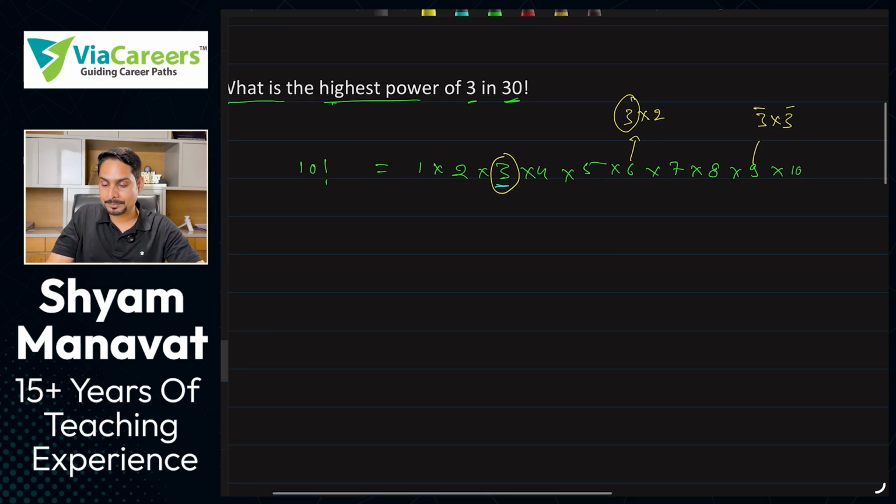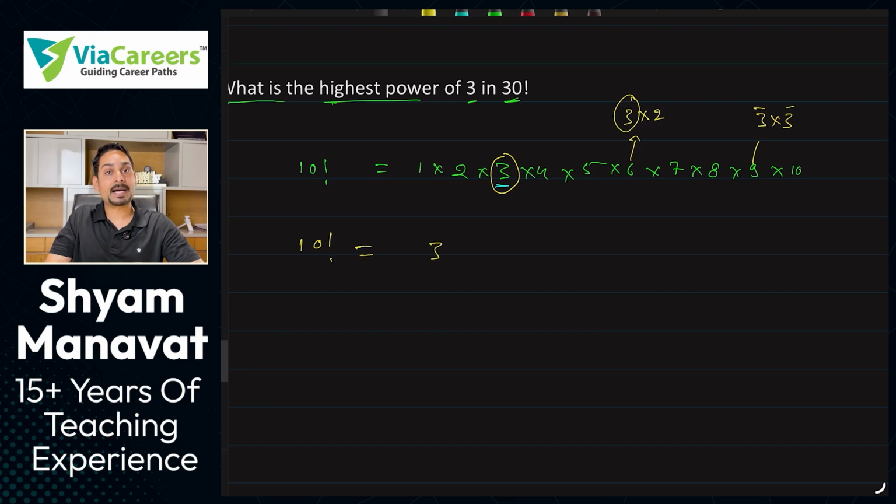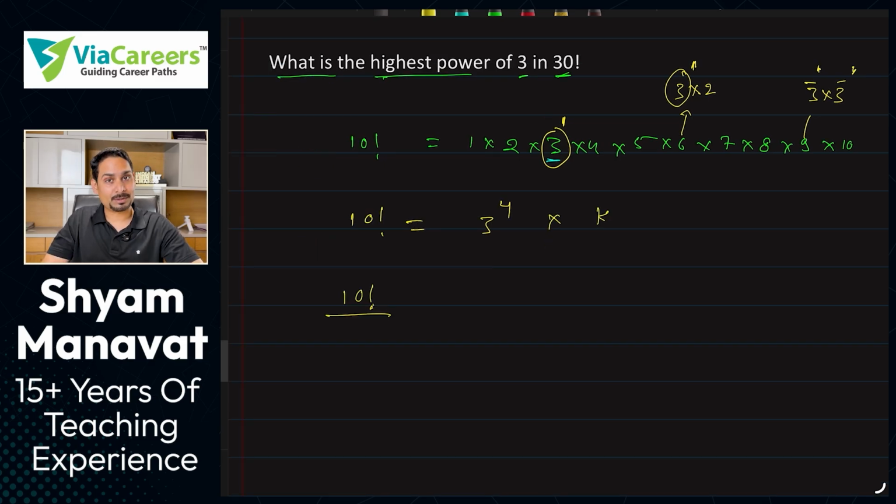That means 10 factorial has the highest power of 3 as 1, 2, 3, 4. You can also say 10 factorial is divisible by 3 raised to 4. The maximum power of 3 by which 10 factorial is divisible is 3 raised to 4. After this, whatever remains will definitely be an integer. Now the same you need to do for 30 factorial.